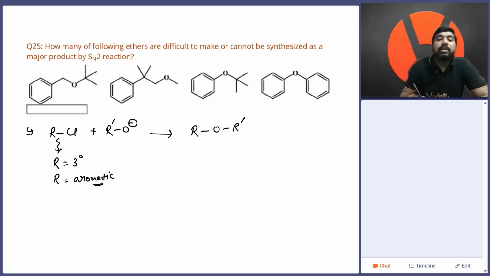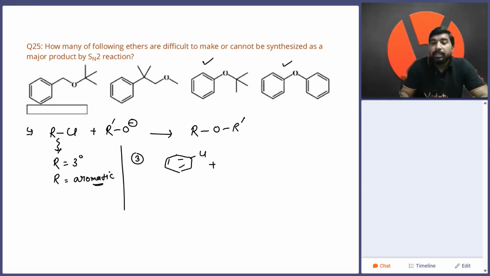So from here we can see these two are difficult to synthesize. How? Let's check. In the first case, let's suppose I am taking Cl plus, that is another thing, that is O minus. So in chlorobenzene, nucleophilic substitution is difficult. Hence, it is difficult to prepare.